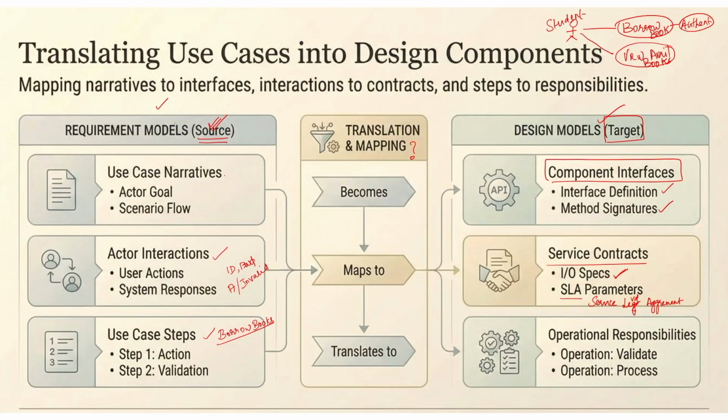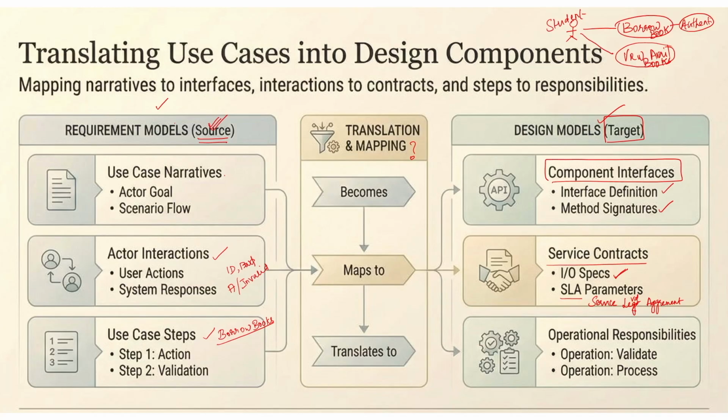That is one example for SLA. Availability and all those things come under your service level agreement. It is like what level of service we are going to provide, and that will be given as an agreement. The third one is the operational responsibilities. For example, what process we are going to do, what validation we have to do, something like that.